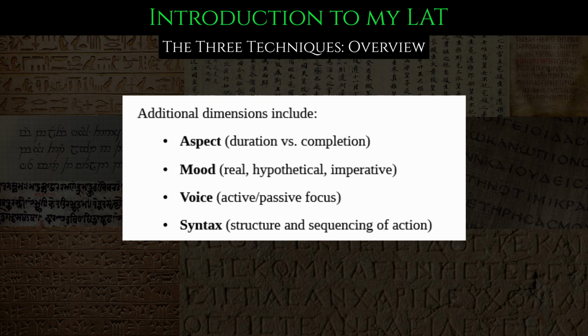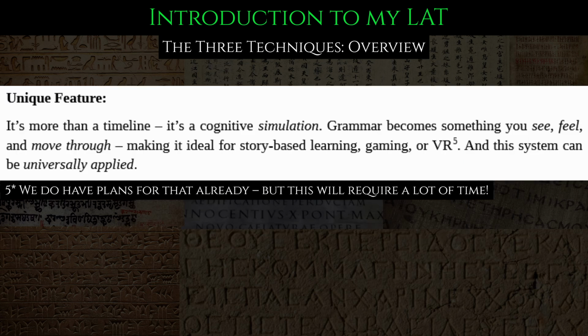Now, as for a unique feature, this one is more than just a timeline. It is a cognitive simulation. Grammar becomes something you see, feel, and move through. Makes it ideal for story-based learning, which generally is the best kind of learning, gaming, or even virtual reality.